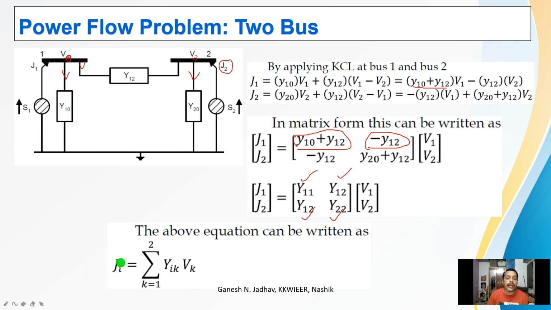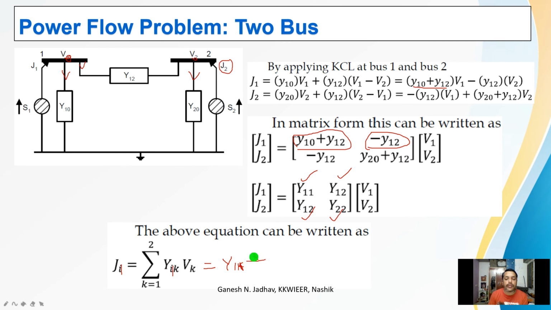I can write the current at the ith bus as the summation of k varying from 1 to 2 of Yik Vk. Let's expand this equation. Suppose i is equal to 1, so this will become Y1k, with k equal to 1 first.